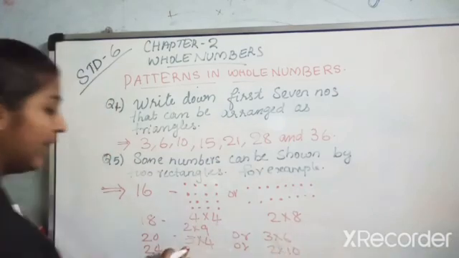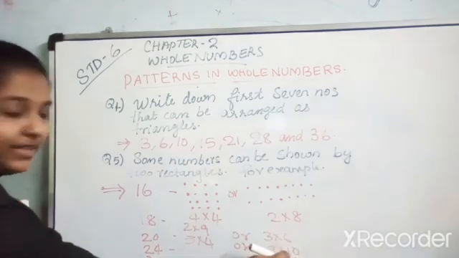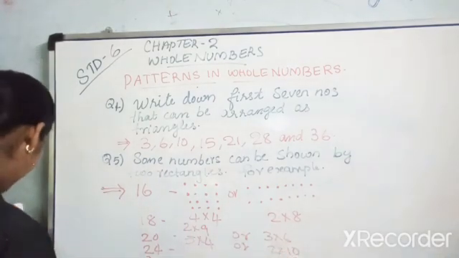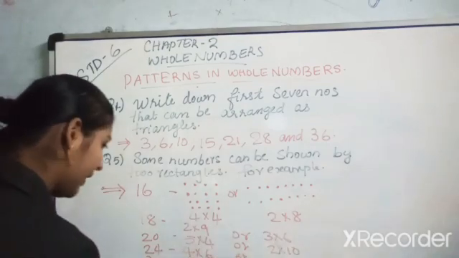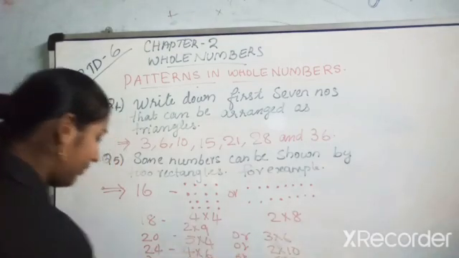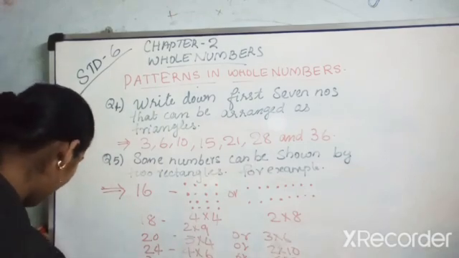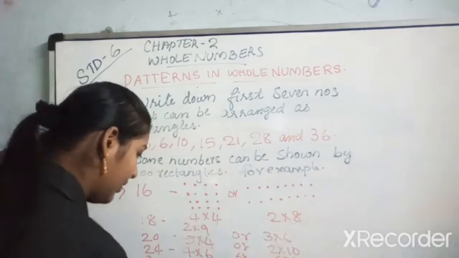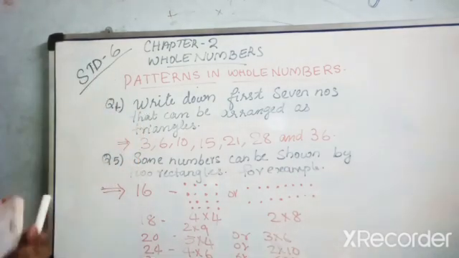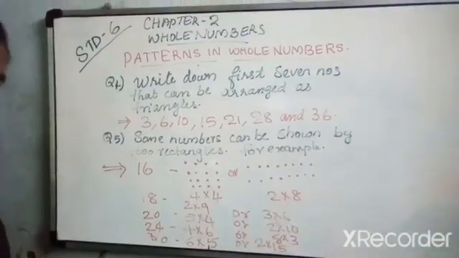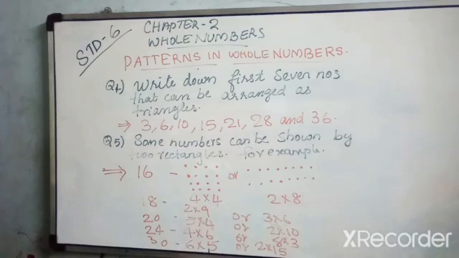Then 24 you can write as 4 into 6 or 8 into 3. Then 30 you can write as 6 into 5 or 2 into 15. This way you can arrange these numbers in rectangle form.